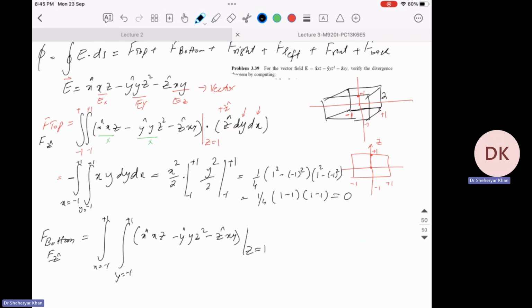Now z should be minus 1. Can anybody tell me why we have chosen z equal to minus 1 here? So can you tell me why z is minus? Yes, at the bottom, z is minus 1. So we use as a constant value minus because this surface is at minus 1. Okay.